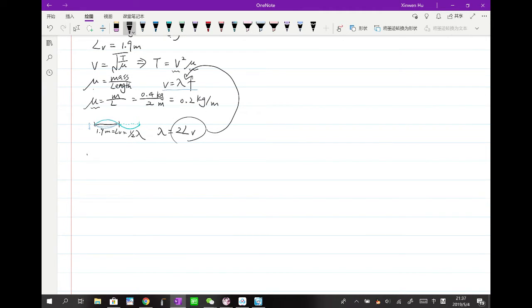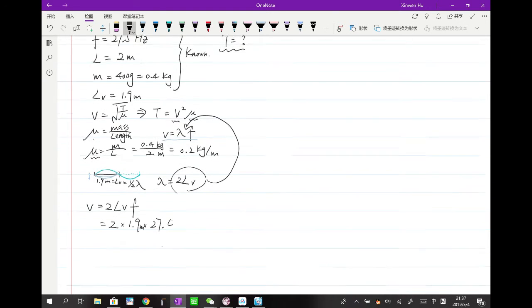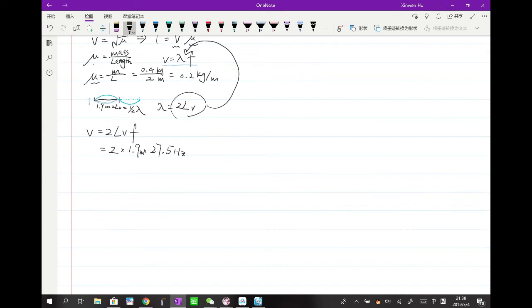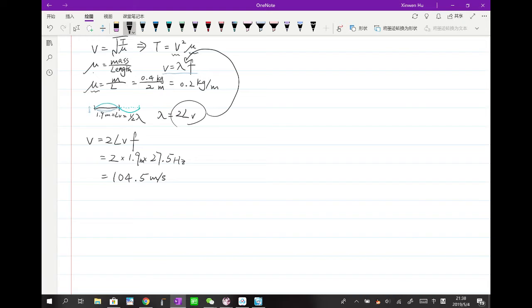So we can know velocity is equal to 2 LV times frequency, which is 2 times 1.9 times 27.5 Hertz. Okay, and we can get it. The number is 104.5 meter per second for velocity.